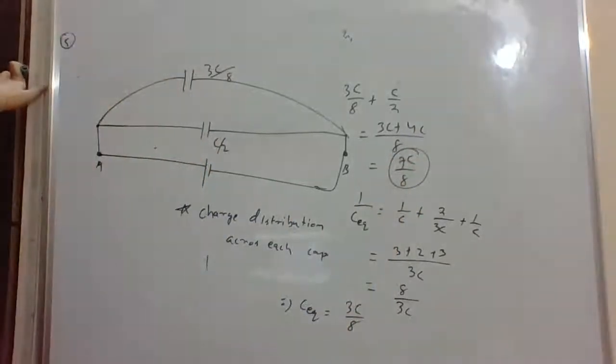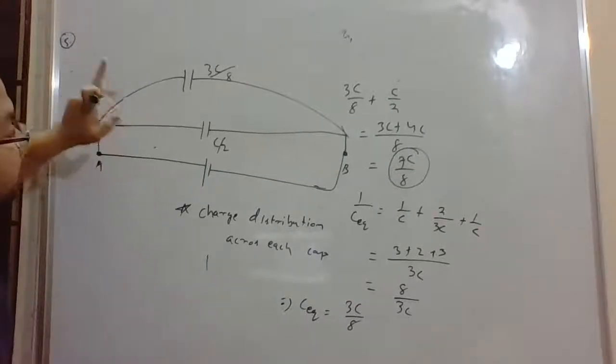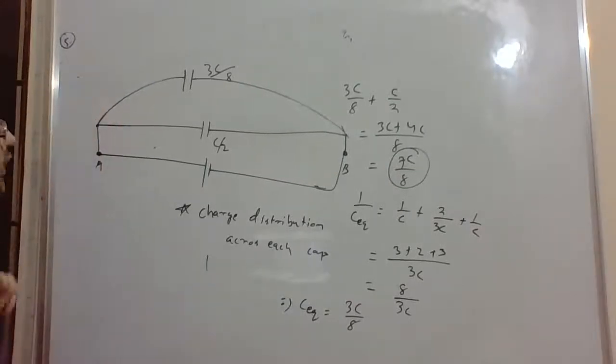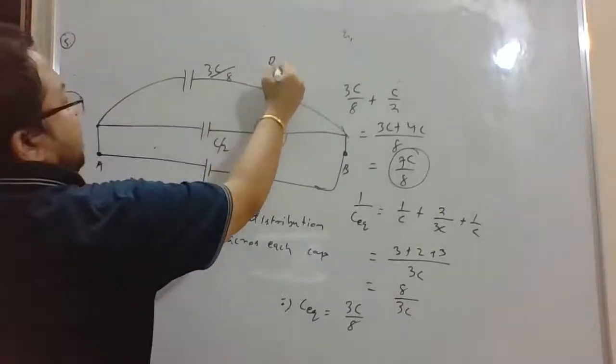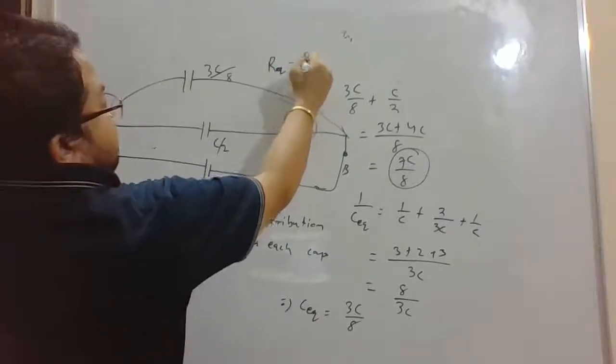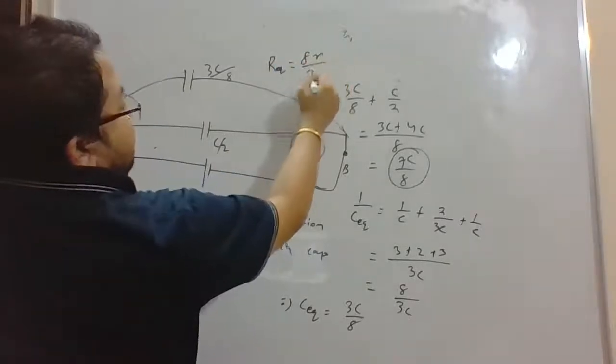If you want to do an experiment, just replace all the capacitors with resistors, and then your R equivalent will be 8R by 7.